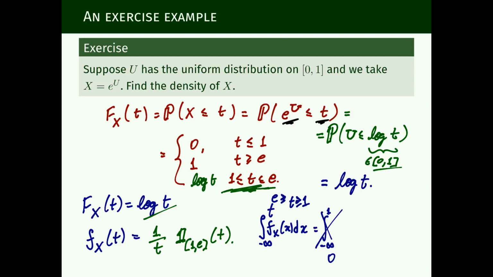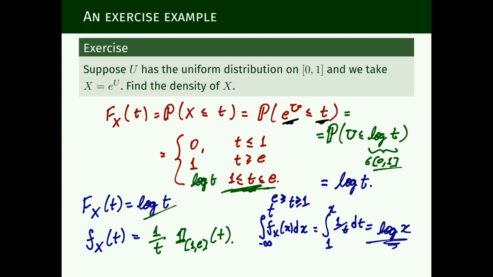So when we compute the integral of 1 over t from 1 to x, this will be log x. And this is consistent with what we had.